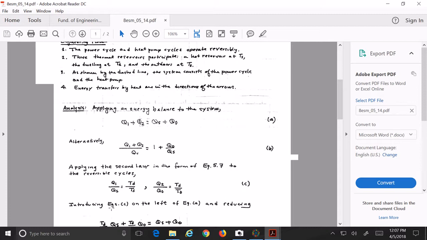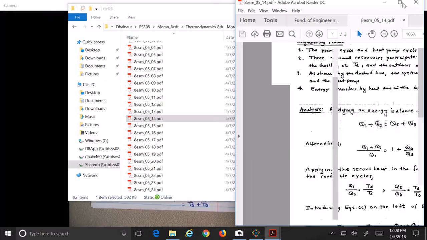We need to find an expression. Because from that one, it looks like QS will be equal to Q1 times TS divided by TD. It's not that you can say QS equal TS, no? So we could use what we have, but then we have a problem with the Q1. I'm just trying to find a way to do it without changing what we have done so far. Alright, let me just do it the way they do it, and that way we get done with it.